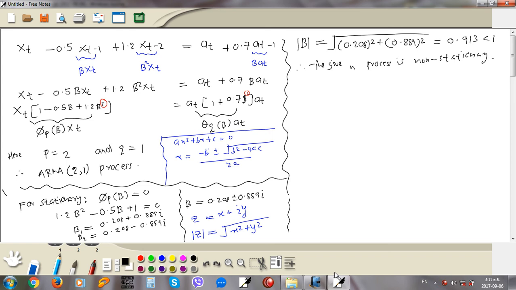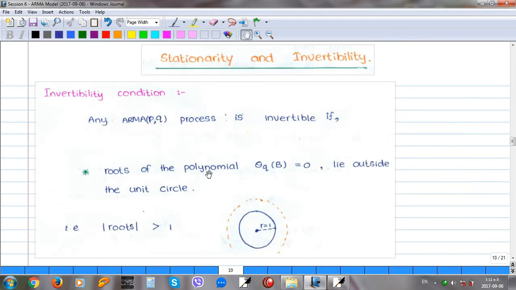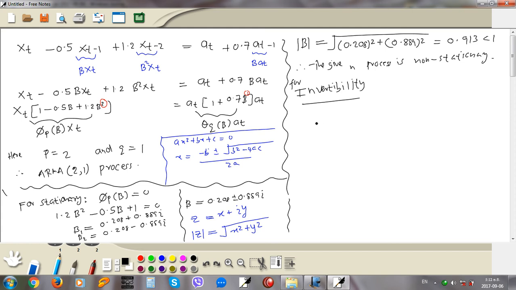Okay, so next we have to check for invertibility. What is the condition for invertibility? The moving average part, θq(B) = 0, should also have roots outside the unit circle. So we consider this part, 1 + 0.7B = 0, then B = -1/0.7.